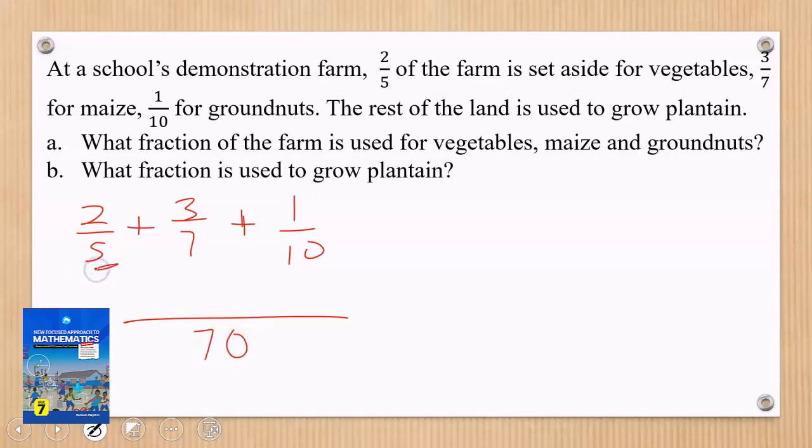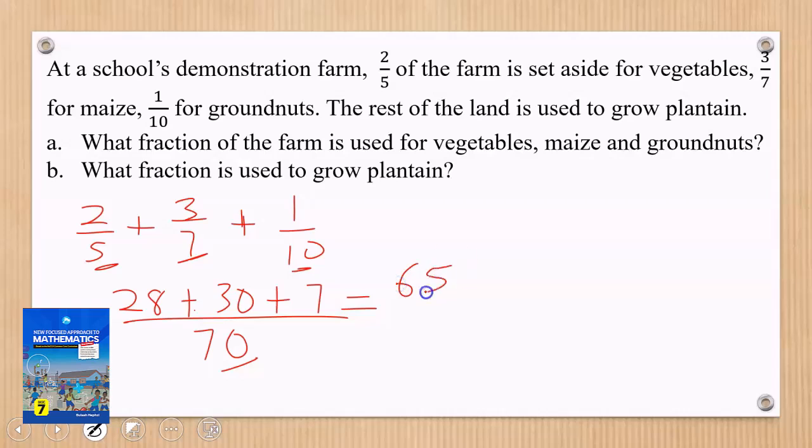Now 5 can divide 70 as 14. Sorry, 14 times 2 will give us 28. Then 7 can divide 70 as 10, times 3 will give us 30. Then 10 can divide 70 as 7, times 1 will give us 7. When we put all together, we have 28 plus 30 will give us 58, plus 7, which will give us 65.